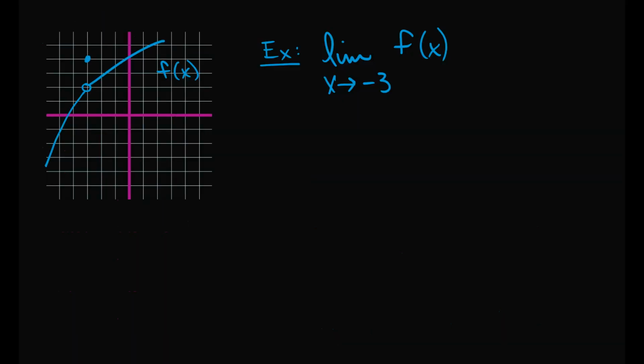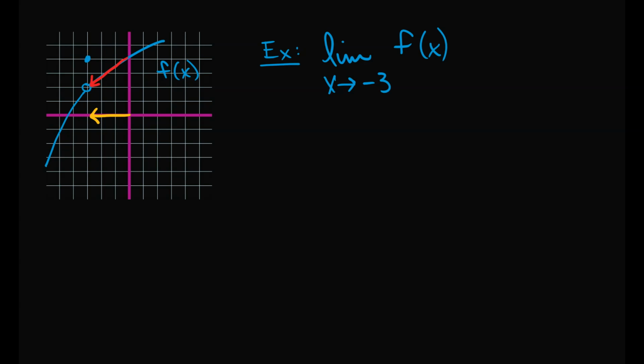Let's see an example. Let's use the graph of f of x to find the limit as x approaches -3. So just as we did before, let's see what's going on. As our x values are approaching -3, and here we'll approach from values greater than -3, now let's see what the function values are doing. So we'll trace the corresponding function values, and it looks like they're moving towards 2.